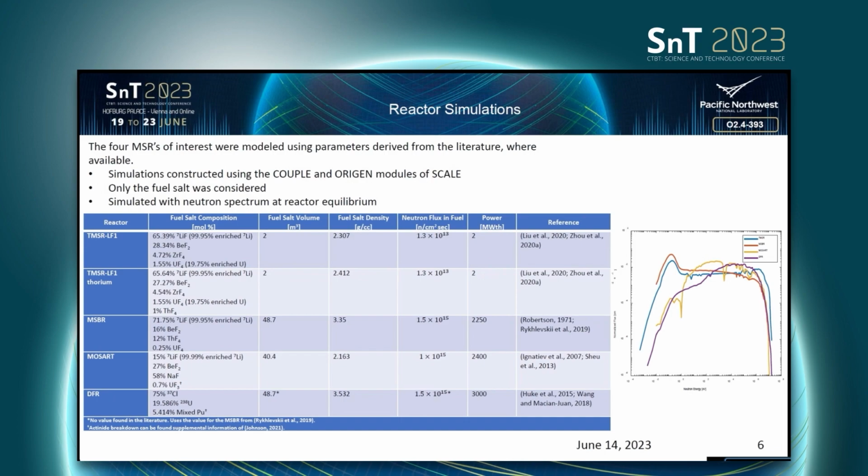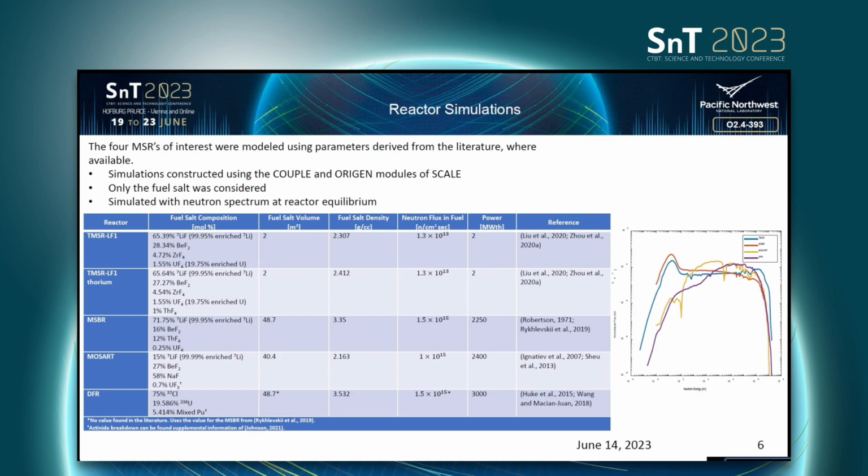So any good simulation starts with parameters. The parameters we collected for the TMSR, MSBR, Mozart, and DFR were from literature sources, or where not available, were simply guessed. And we have fuel salt composition, fuel salt volume, density, neutron flux, and the power.